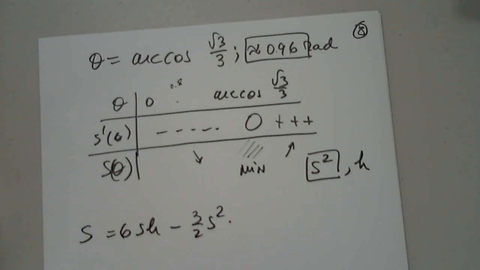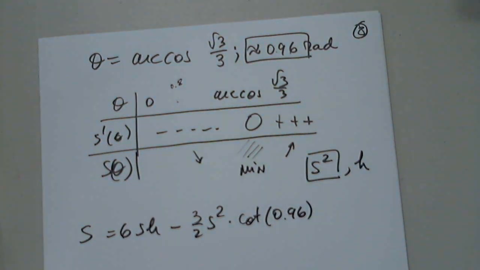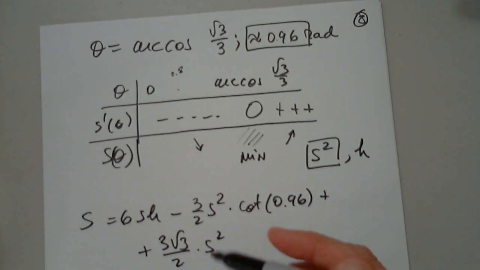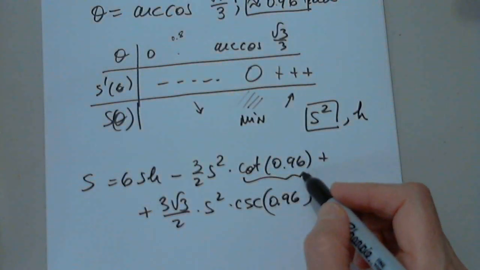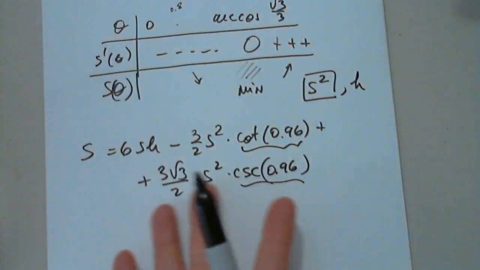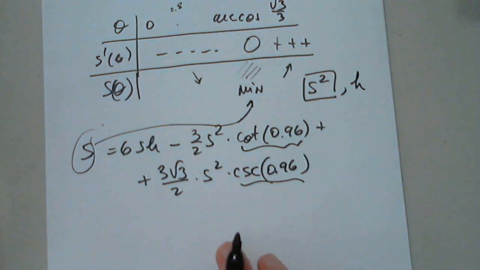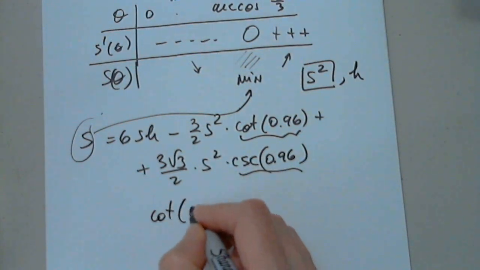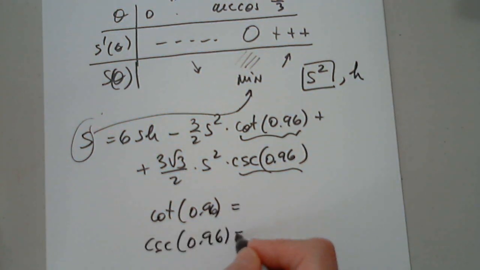And then I have to determine cotangent of this 0.96, fine, plus 3, the square root of 3 over 2, s squared, and cosecant of 0.96. So I don't know if they want numbers. We can determine this, and we can determine this. But that's the minimum. This is the minimum, this whole thing. So the cotangent of 0.96 is, and cosecant of 0.96 is.